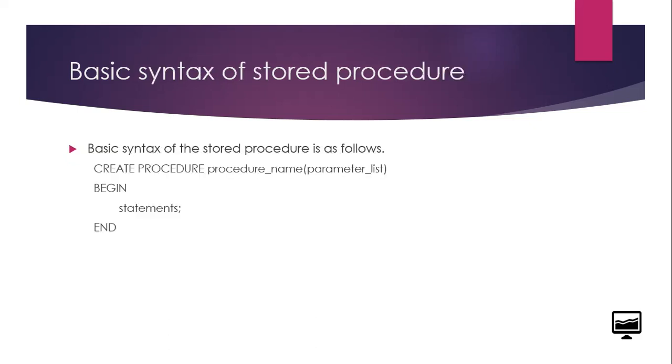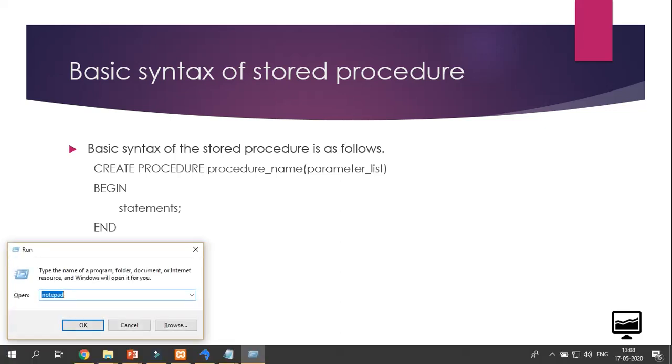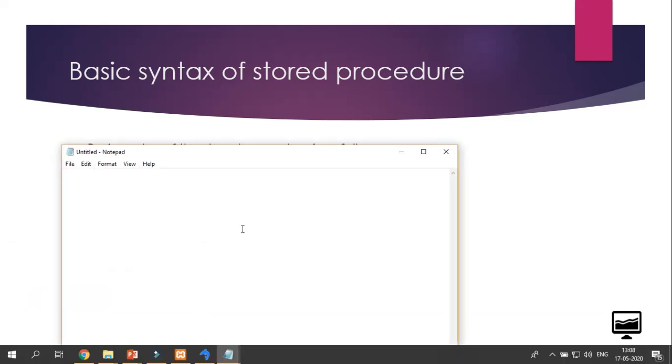Before looking at the basic syntax of the stored procedure, I'm going to give an example. I like C language very much, that's why I am giving an example of C language. If you want to define a function in C language, then what will you have to write?